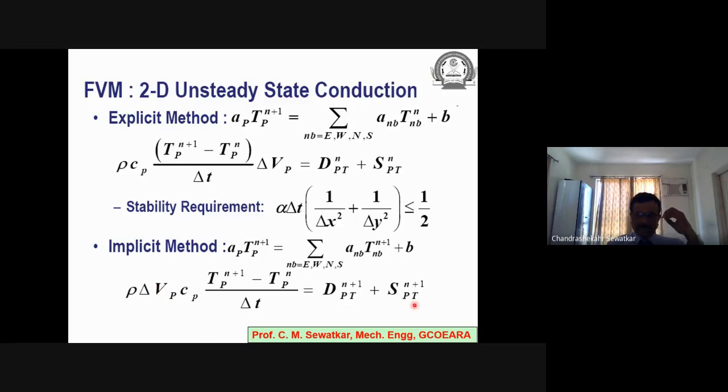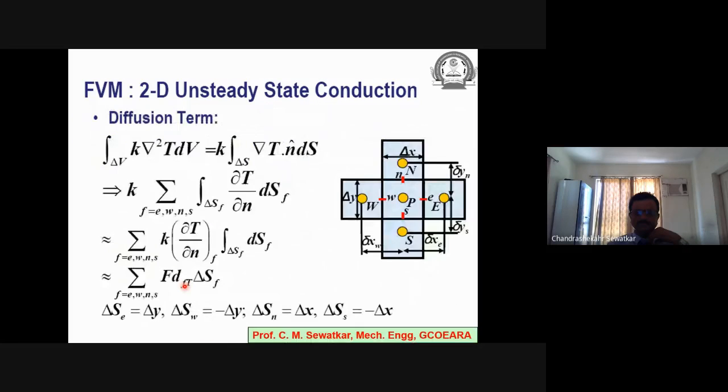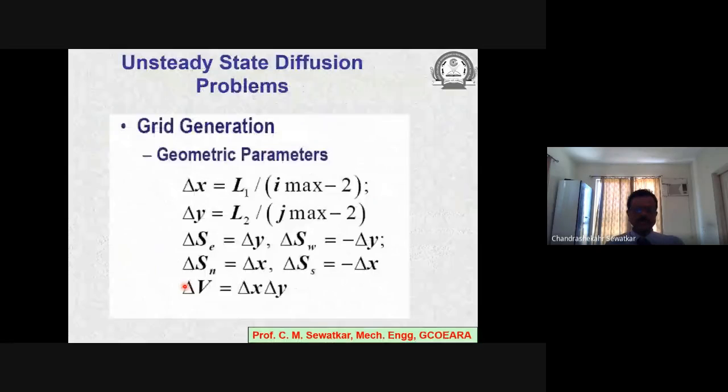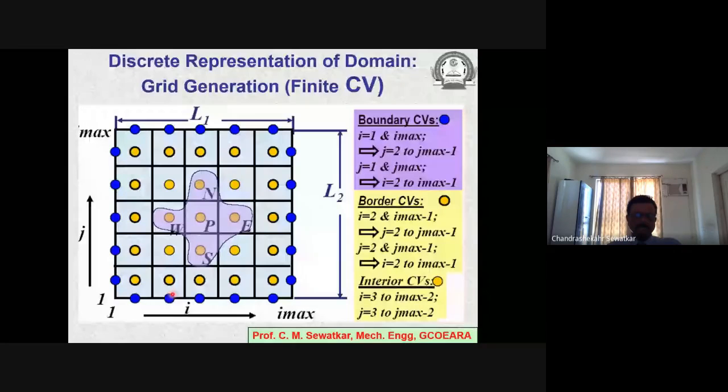If I write down such an equation for, let's say, the first cell center, this is unknown to me because I have to write it at the n plus 1 level. This is unknown to me. This is known because it is known from the boundary condition.